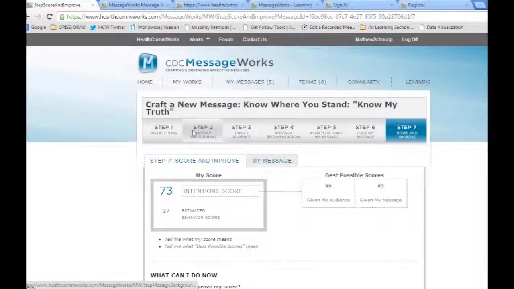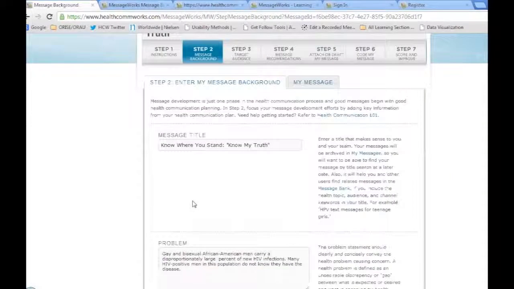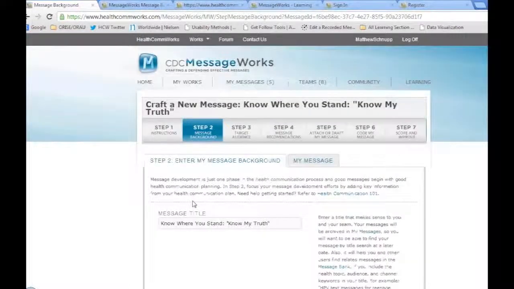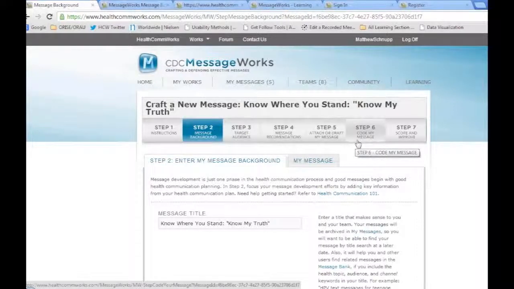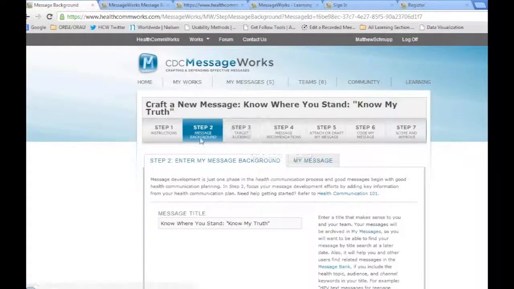Filling out these background details is a good way to start introducing that to them, and it grounds it in how others would approach the problem and what concepts they would think about before your opinions are heard. So I would encourage people not to skip step 2, but if you really just want the score, navigate to the target audience and code my message parts, and you can jump right over to the score. So it's a good question.